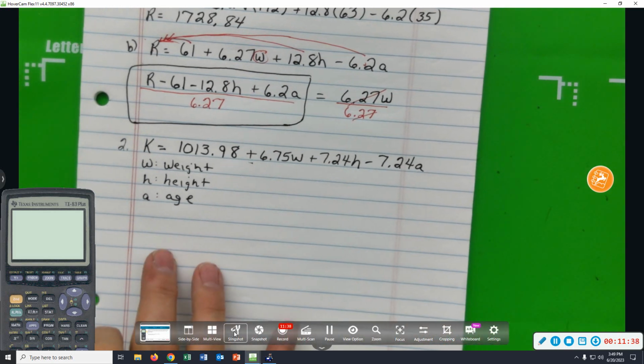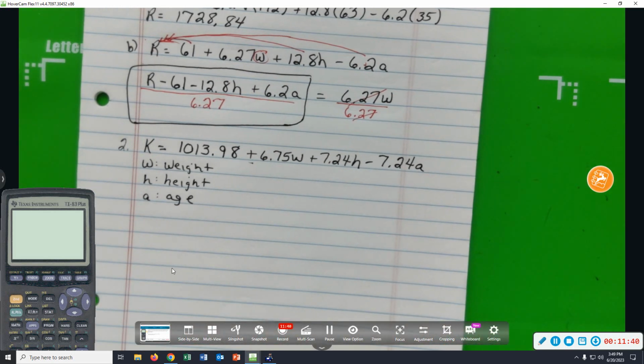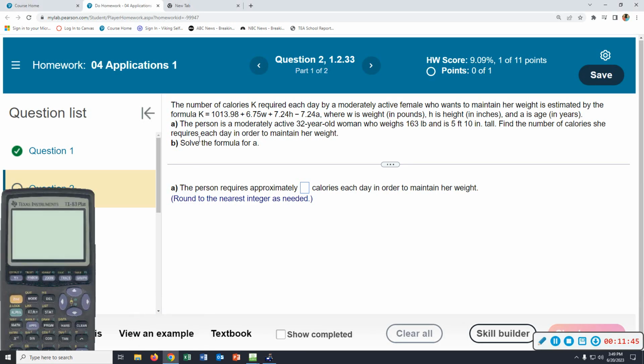And now, let's figure out what numbers we're plugging in. The person is a moderately active 32-year-old woman who weighs 163 pounds and is 5 feet 10 inches.